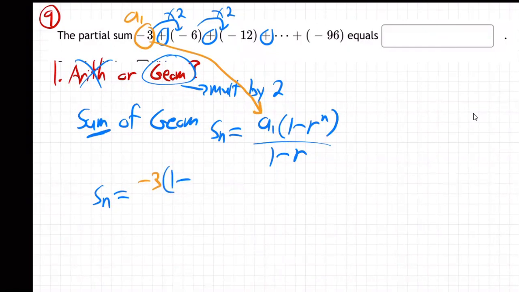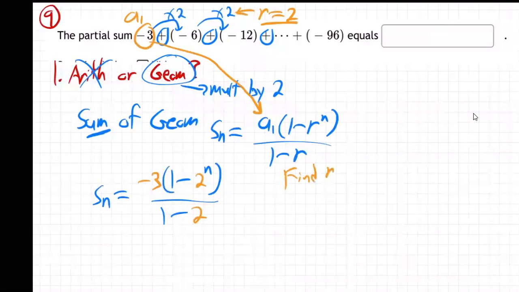R is 2. Like that. Over 1 minus 2. This is r right here. R equals 2. R is the ratio from term to term. It's the jump from term to term. It's multiplying by 2.